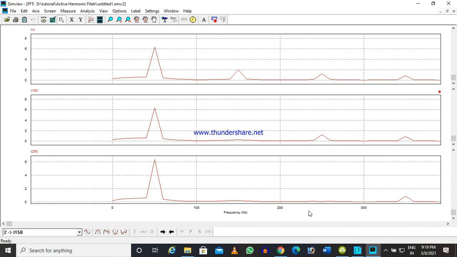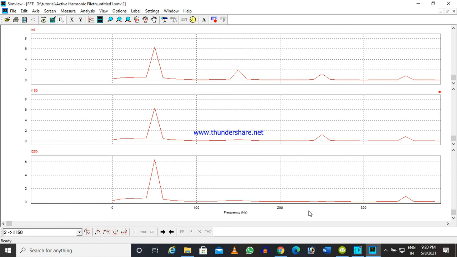This can be done using a filter. It's a static filter, or passive filter, we can say. It's a combination of L and C. So we will create a resonance path. In the resonance path the impedance will be 0, and that component will be bypassed through neutral.